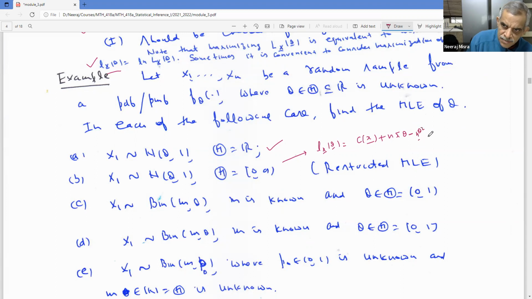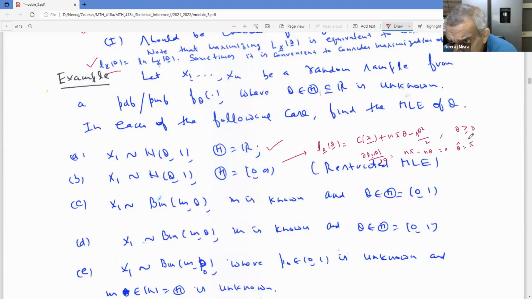The only thing is now my theta is given to be greater than or equal to 0. So I look at the critical point in the interior: the derivative of log L_x(theta) with respect to theta is n x bar minus n theta. This would be 0 if theta hat is x bar.